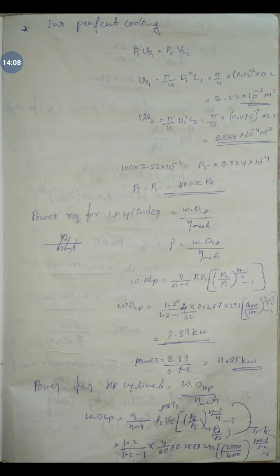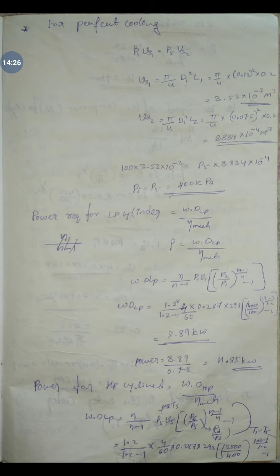So substituting the N value, and since we don't know the volume V1, but he has given the mass flow rate of the air, P1 V1 is replaced by MRT1. So M is 4 kg per minute he has given.